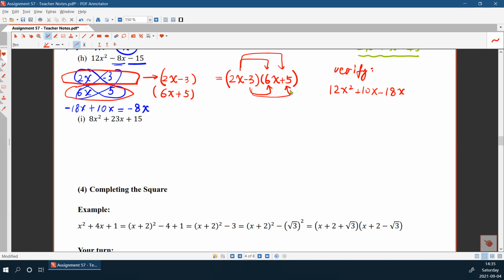And last, minus 3 by 5 gives us minus 15, right? So this is actually 12x squared minus 8x minus 15, which is exactly the same as the original expression. So that means our guess here is correct. The original expression is factored to 2x minus 3 times 6x plus 5.